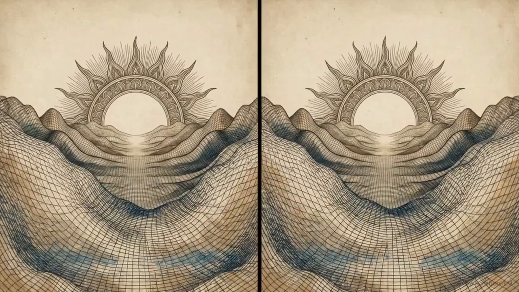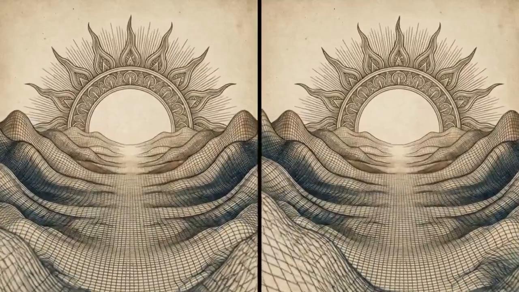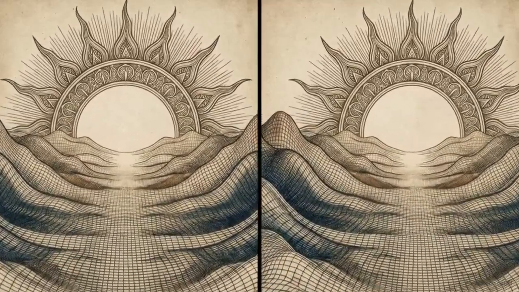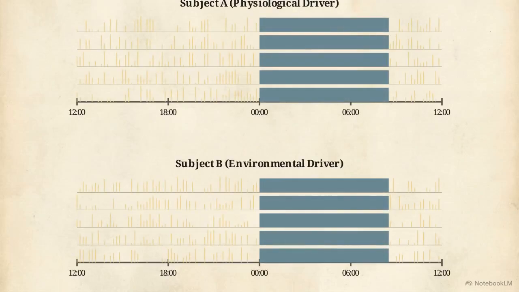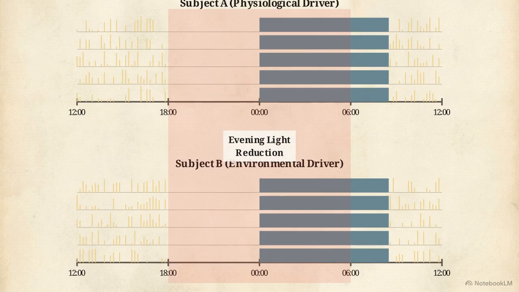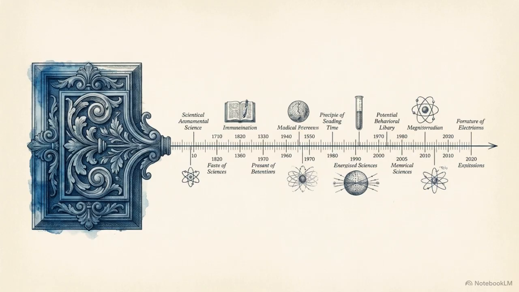We can run a computational intervention to observe what happens when both subjects are prescribed the exact same light modification therapy. These split-screen raster plots track a specific regimen, an absolute reduction in evening light past 6 p.m., paired with an intense 1000 lux morning light enhancement. The outcomes diverge sharply.